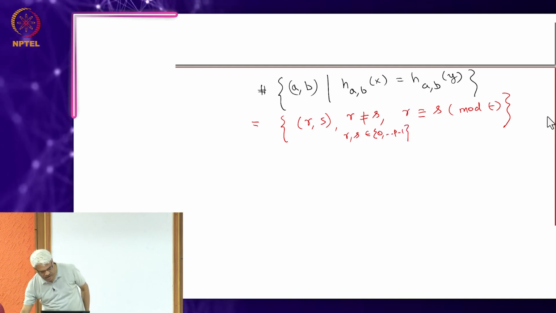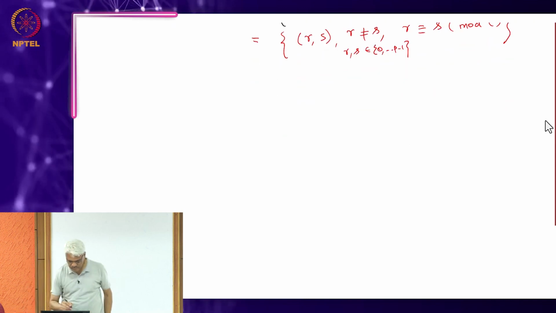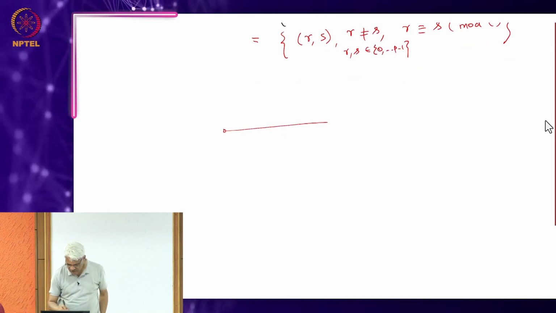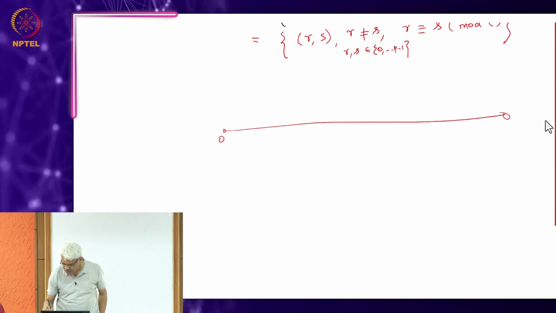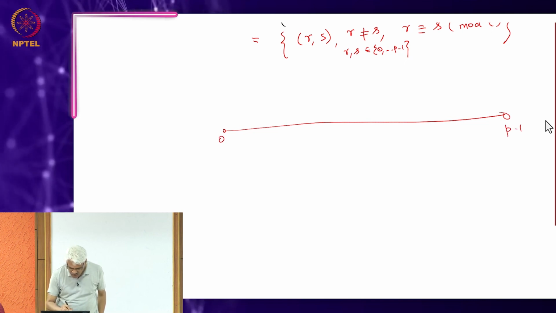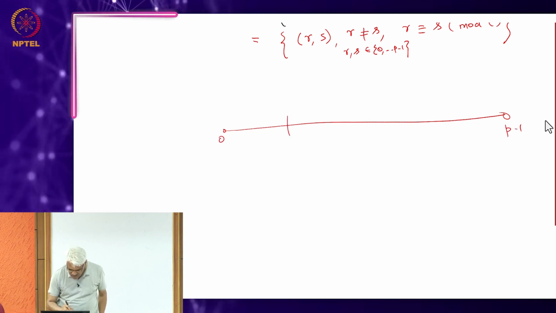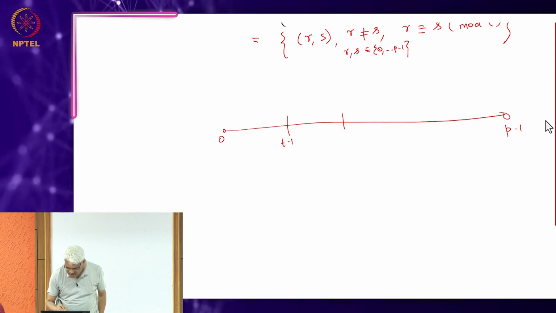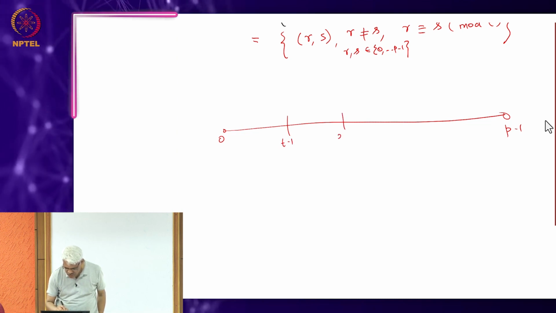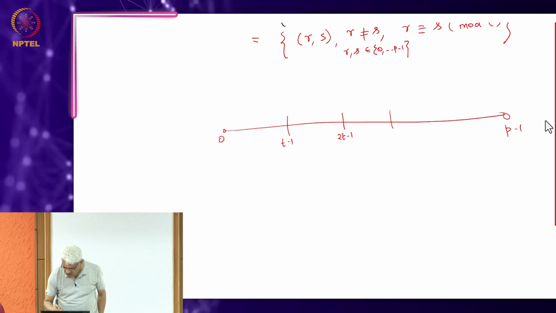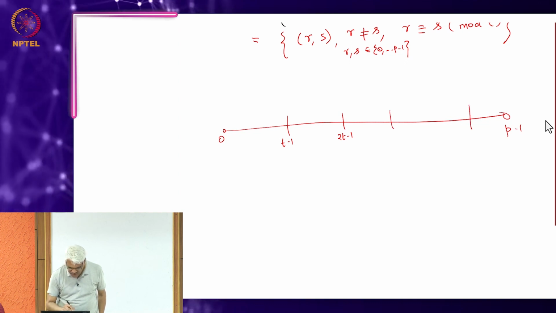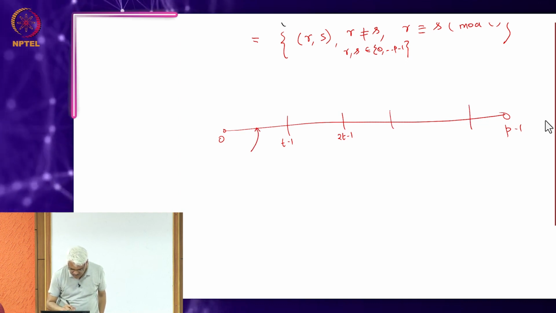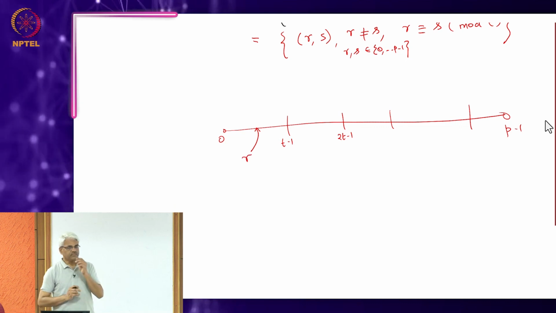Okay. So, again let us go back to this line 0 to p minus 1. When I do a mod t, this is 0 to t minus 1. So, let us break it up into blocks of size t, and suppose my R is here. Okay.